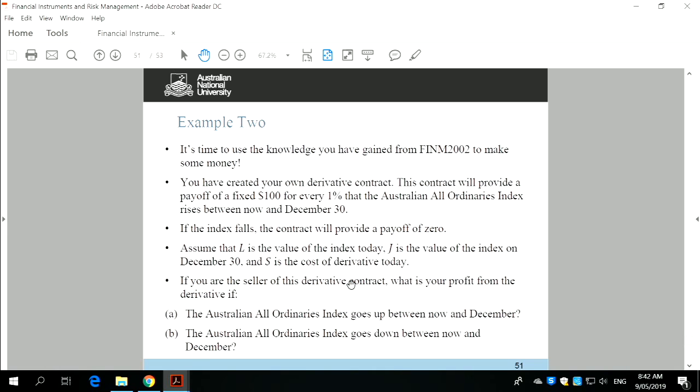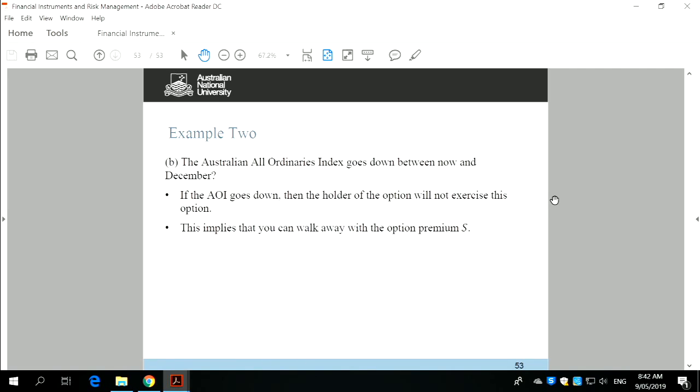Okay, so consider if the index increases between now and December, and if the index decreases between now and December. So we were told if the index decreases, you get a payoff of zero, right? So as the option writer, if the option is out of the money, then the holder of the option will not exercise, and you can walk away with the premium S for doing nothing.